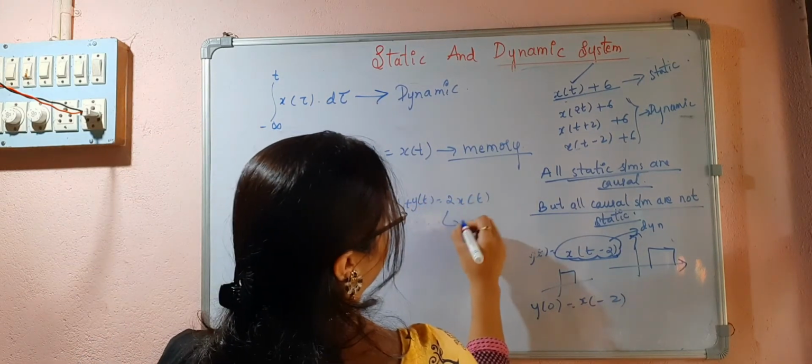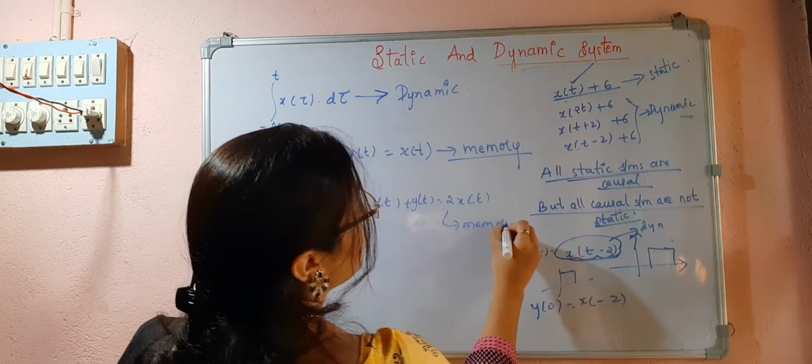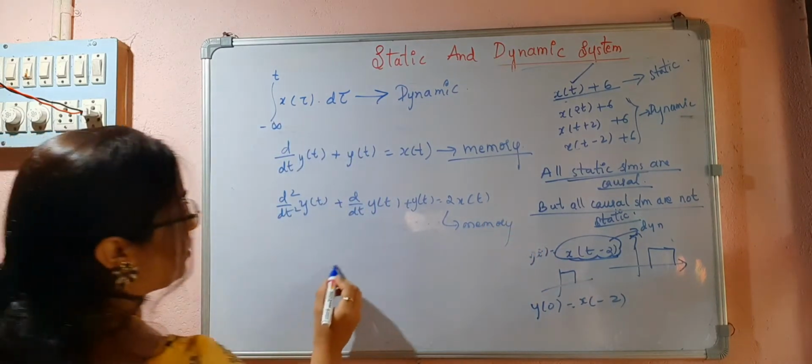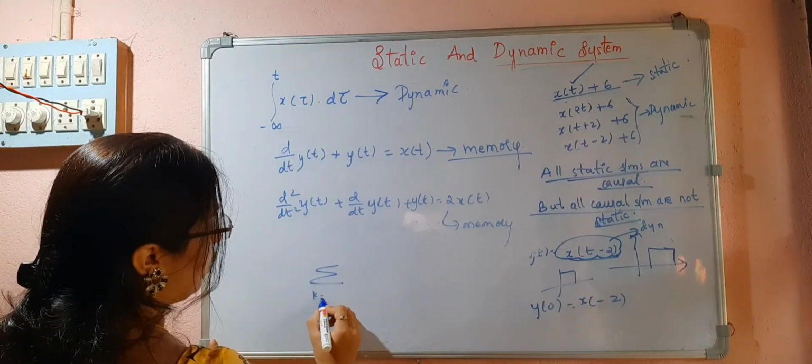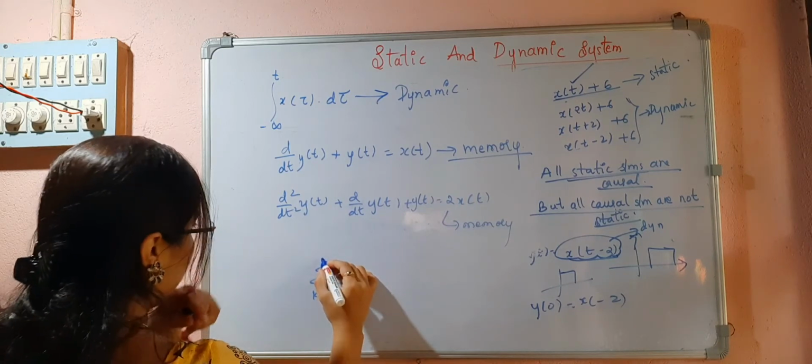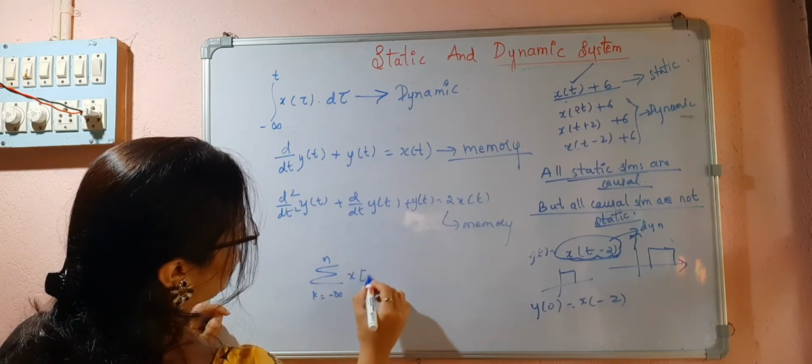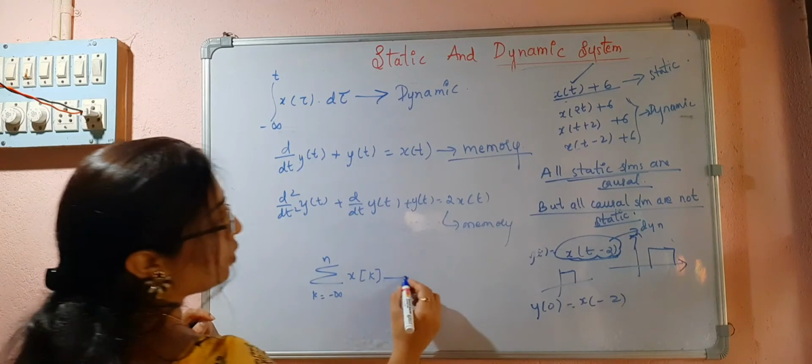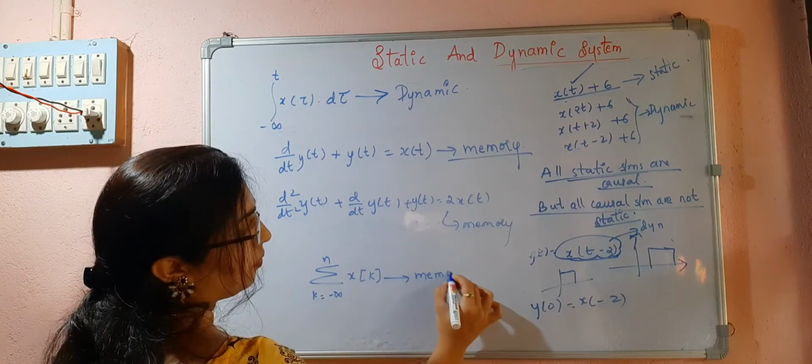This also possesses memory. In case of discrete time signals, if I consider the sum from k is equal to minus infinity to n of x of k, this also has memory.